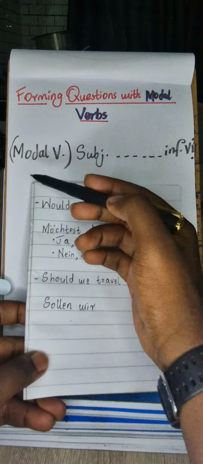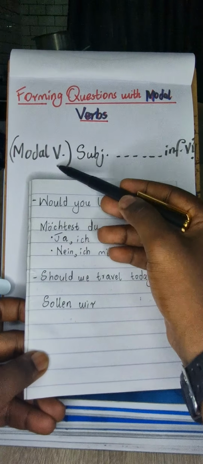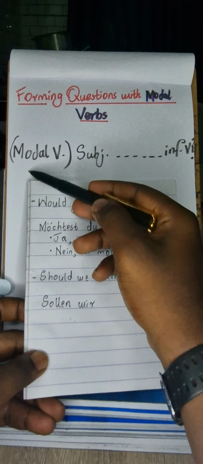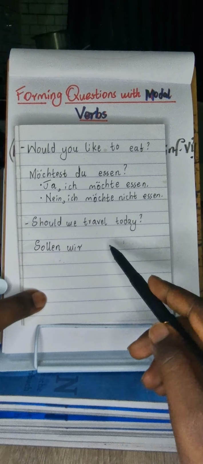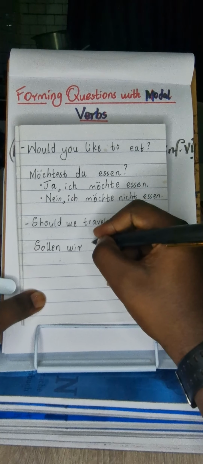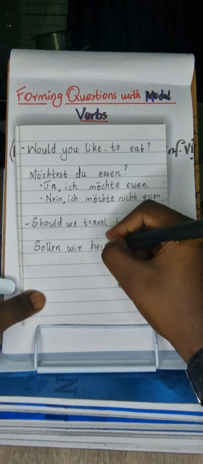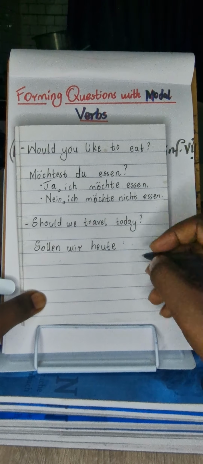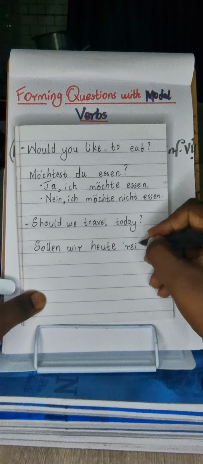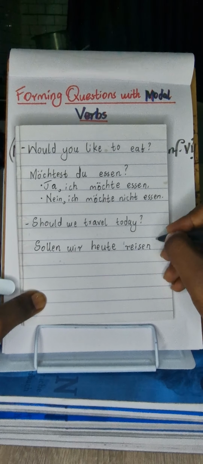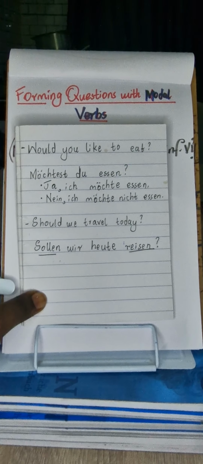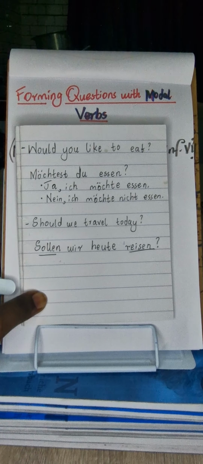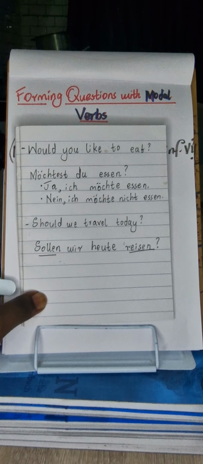Remember the order: modal verb sollen, subject wir. Sollen wir heute reisen? You can see that the verb always comes at the end and is placed in the infinitive. Sollen wir heute reisen?